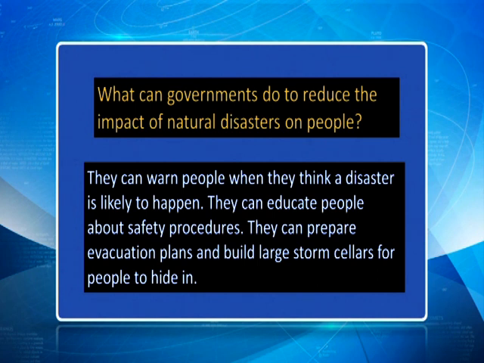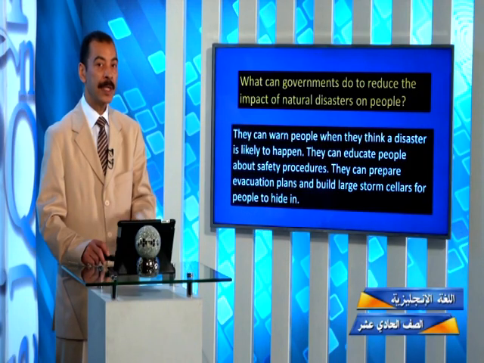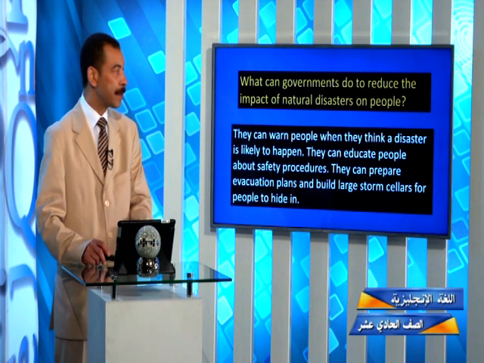They can educate people about safety procedures. They can prepare evacuation plans and build large storm cellars for people to hide in. So these are some of the suggested answers for governments to help reduce the impact of natural disasters.